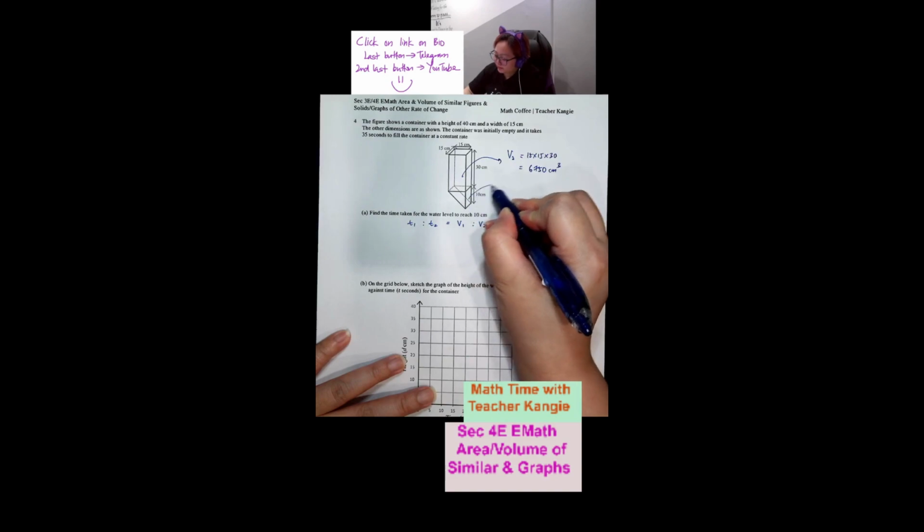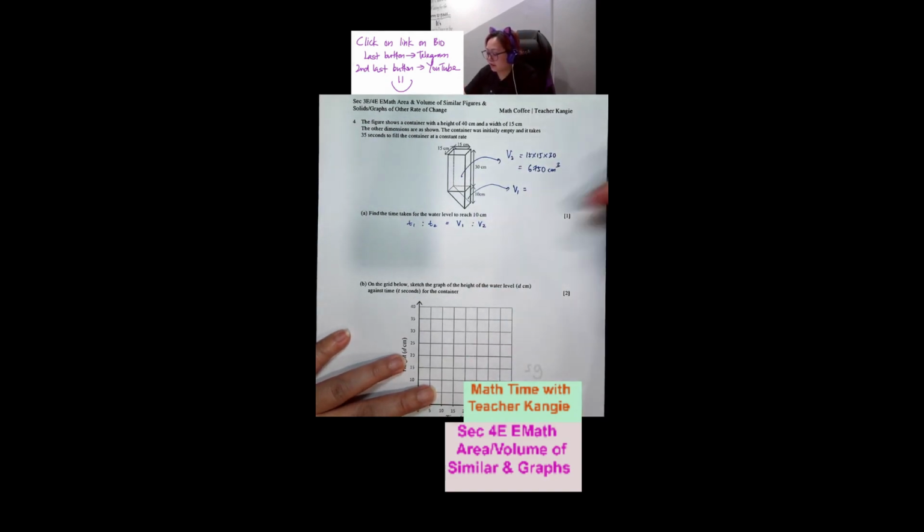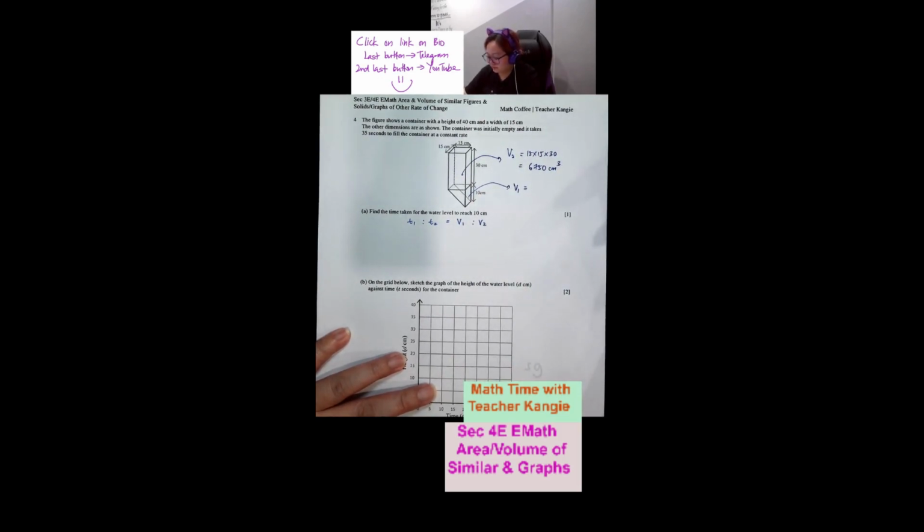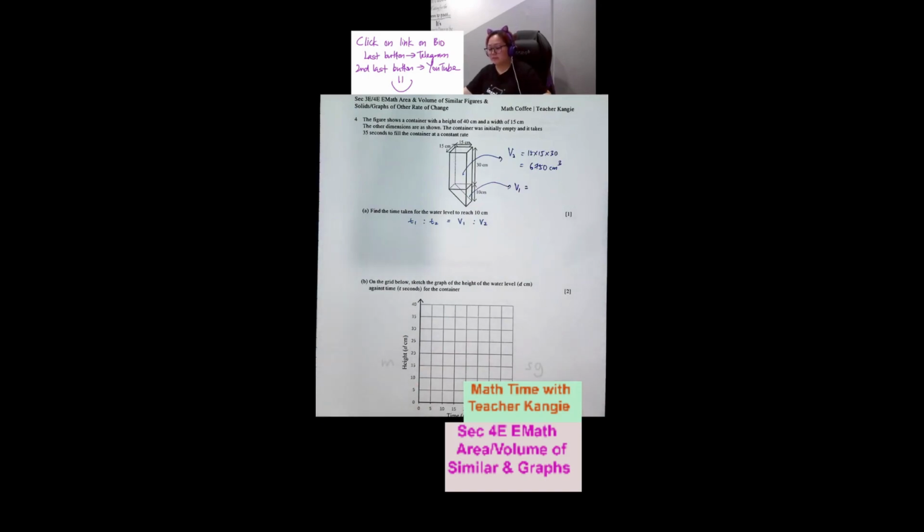Okay, now this one, V1. Let's see how many people can get it right for getting the volume of the smaller one. You all sure will say 15 times 15 times 10. But no, take note, the bottom one is not a cuboid. How do you find the volume 1?